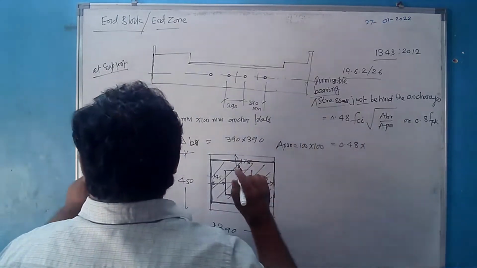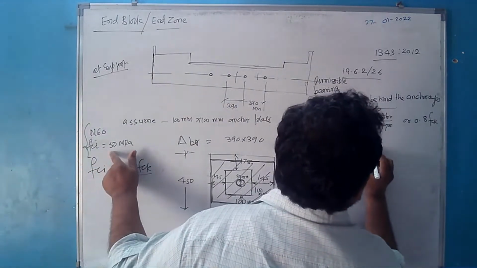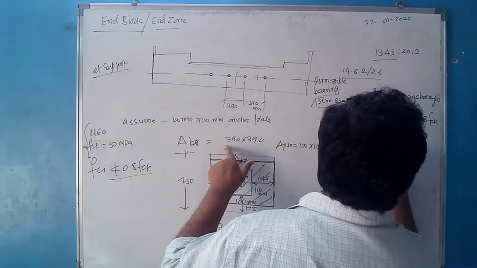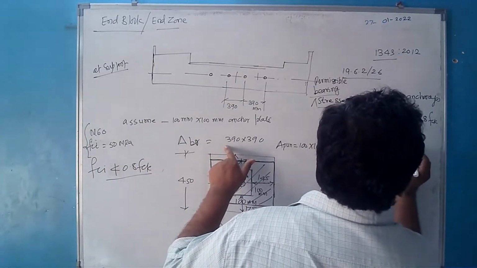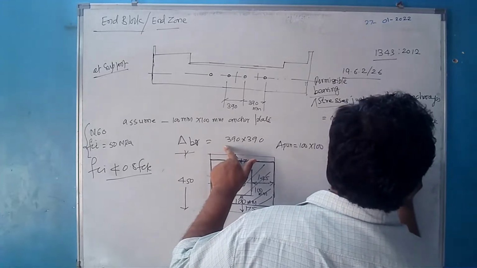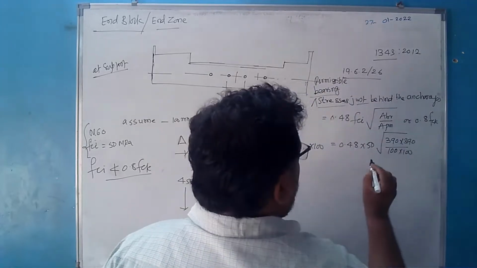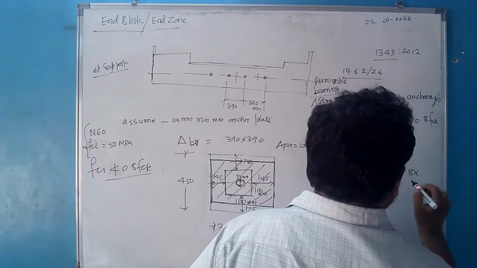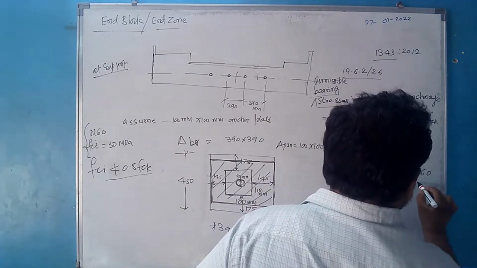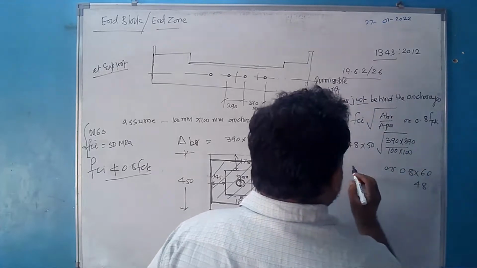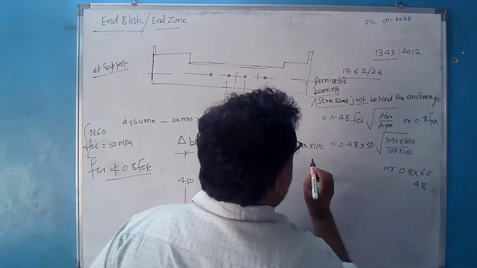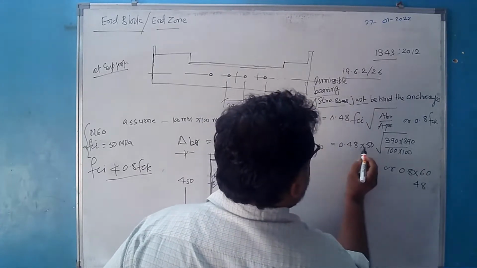So FCI is 50 MPa, under root of ABR, the bearing area. The bearing area is 390 into 390 divided by the punching area, 100 into 100. Or 0.8 times FCK is 0.8 multiplied by 60, so it is 48 MPa. The lesser of the two we have to consider as the bearing stress.